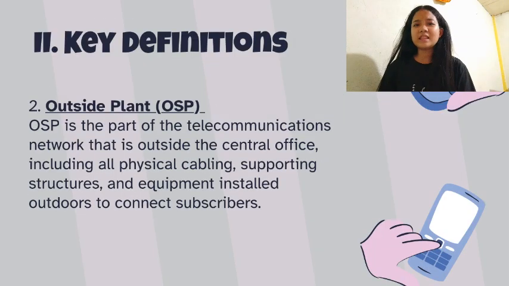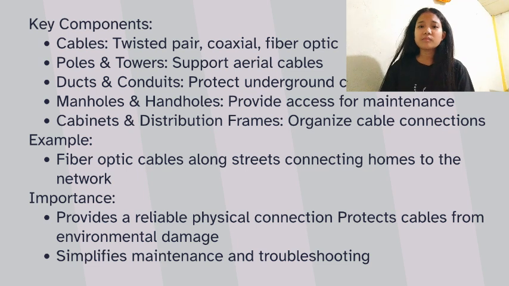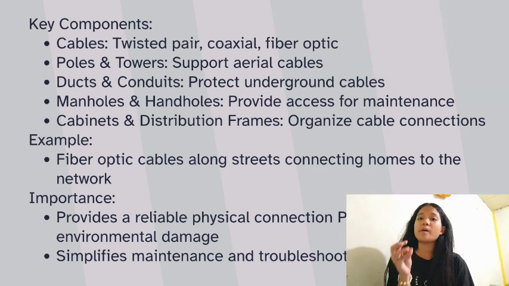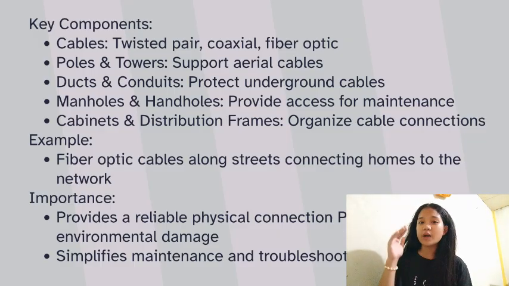So the outside plant is the part of the telecom network that exists outside its central office, and it includes all the physical things needed to deliver signals, just like what I said. The cables, twisted pair, coaxial, fiber optic, carry the data. Poles and towers hold aerial cables above the ground. Ducts and conduits are underground pipes that protect cables.